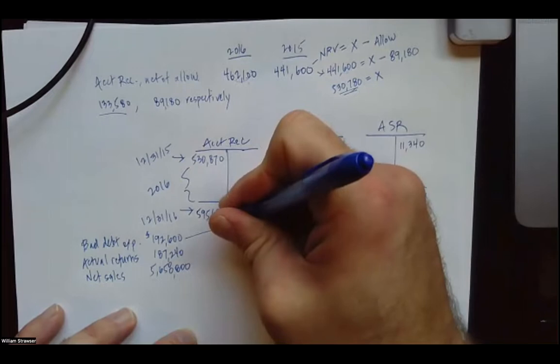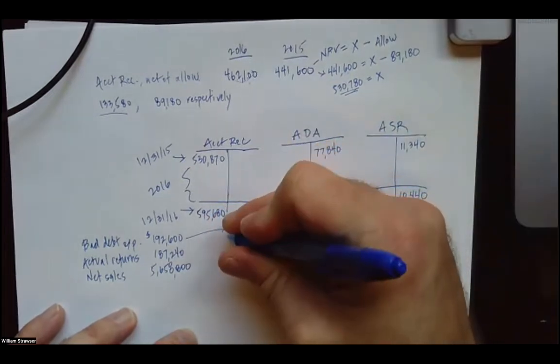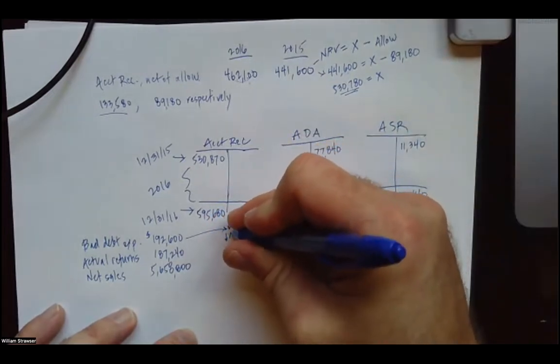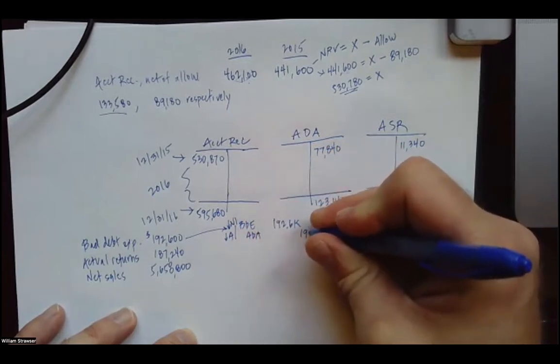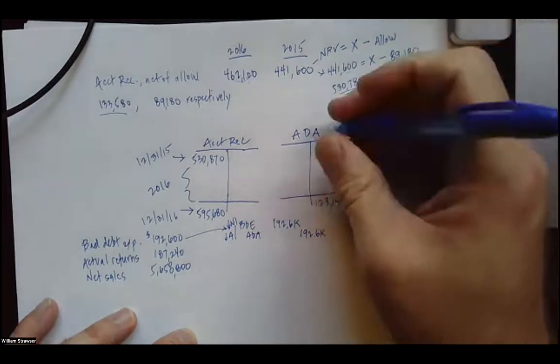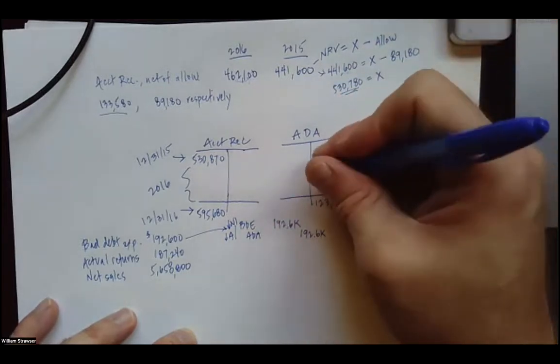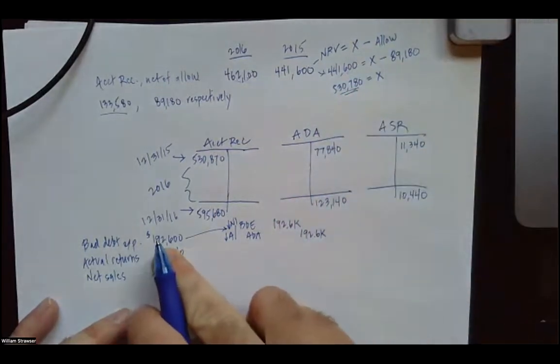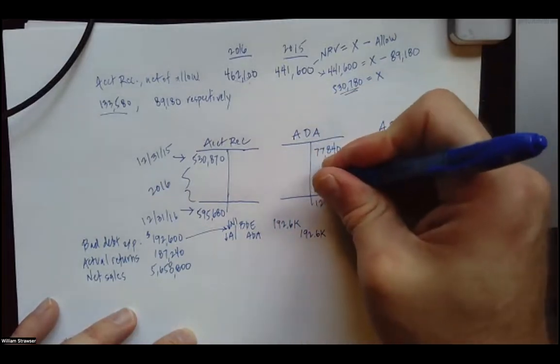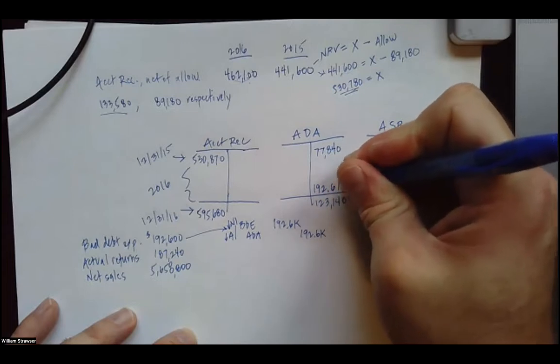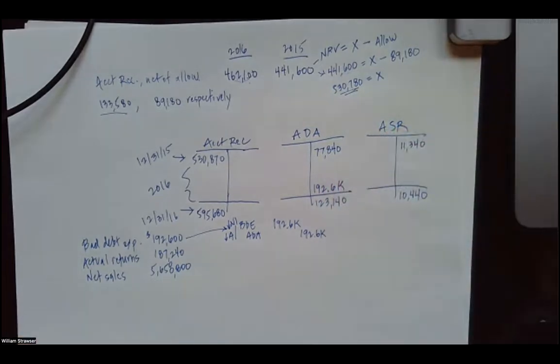That would reduce my net income. And I would credit ADA, which reduces my assets for that amount. So bad debt expense causes ADA to increase, it credits that amount. So one of the things that must have happened to get me from this balance to this balance is that I credited my ADA by $192,600.